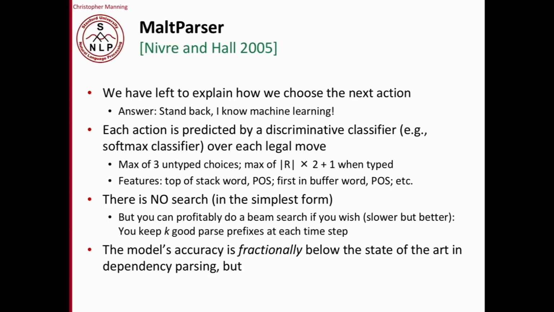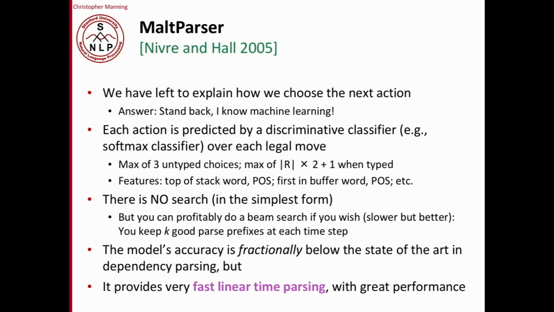But if you're doing this, just run classifier, predict action, run classifier, predict action, we then get this wonderful result, which you're meant to explain a bit on assignment 3, that what we've built is a linear time parser. Because as we chug through a sentence, we're only doing a linear amount of work for each word.